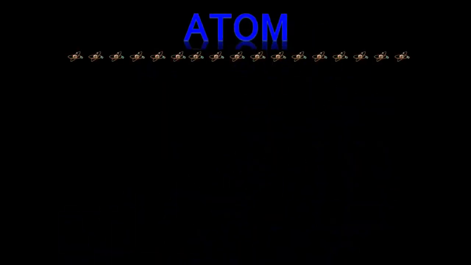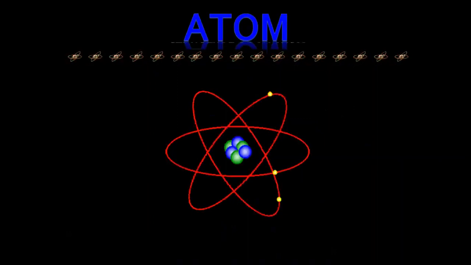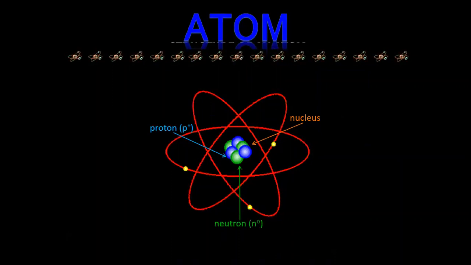Well, if you look deep into the atom, you will notice at the center there is this thing which we call the nucleus. And in the nucleus, there are two things, positively charged protons and neutral charged neutrons. Okay? So we have some positive things and some neutral things.